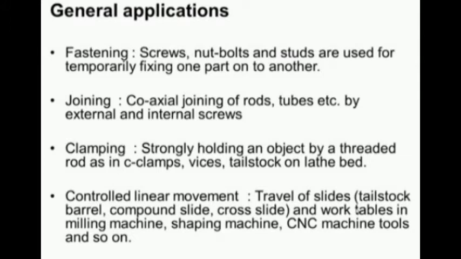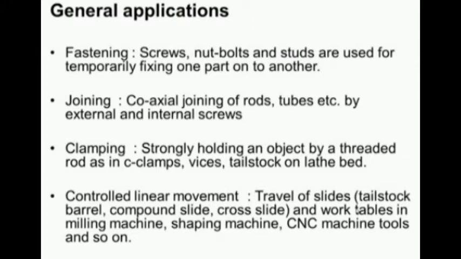They are also used for joining, that means coaxial joining of rods, tubes, etc. by external and internal screws. And they are also used for clamping, to strongly hold an object by a threaded rod, as in C clamps, vices, and the tailstock on the lathe bed.